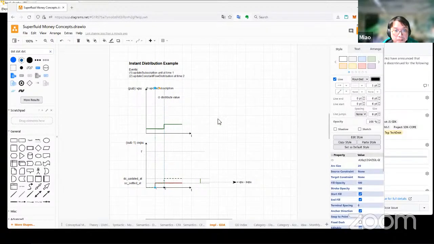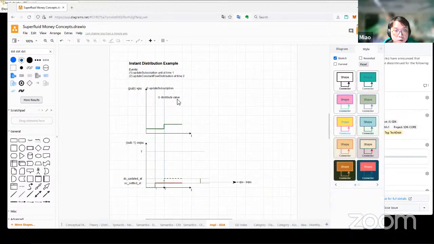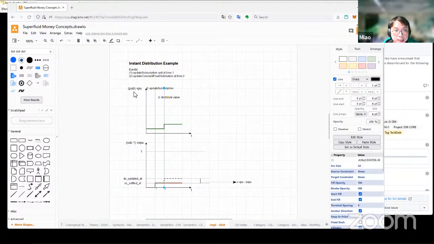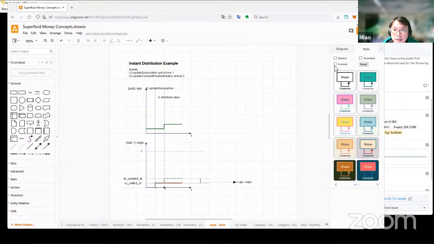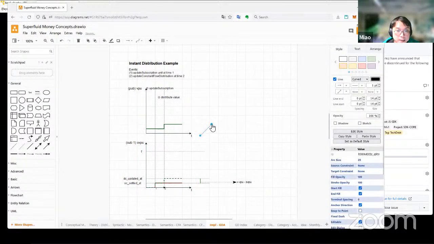So each time you do a distribute value as a publisher, the curve goes up because the value per unit goes up by the amount of value you distributed divided by the total units. Let me write it down here.